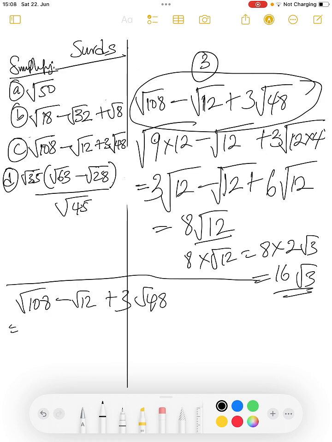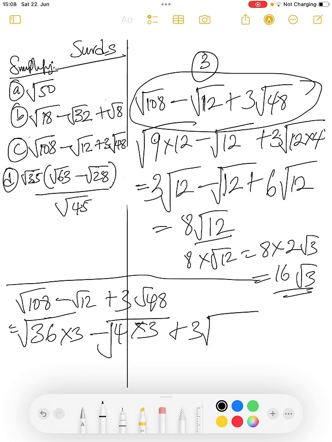So 108: which number can multiply 108 by 3? You have 36 times 3, minus 4 times 3, plus 3 root 16 times 3.